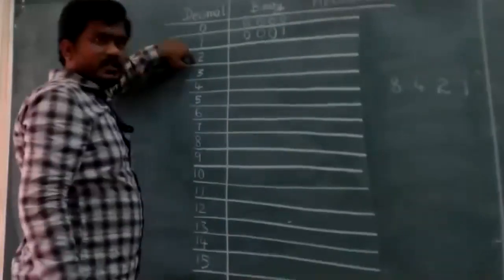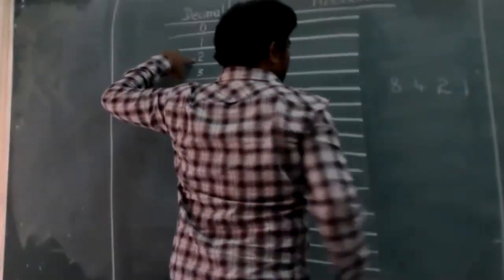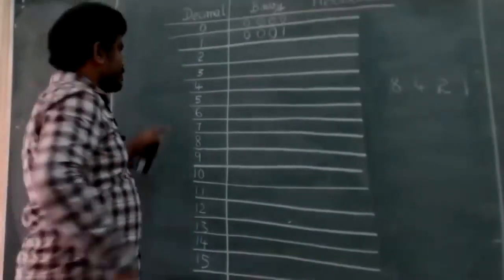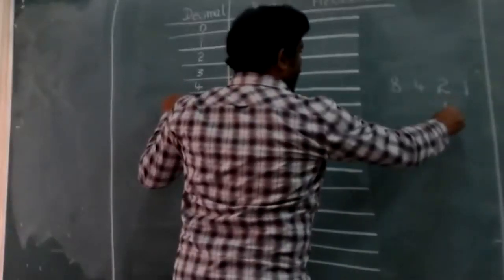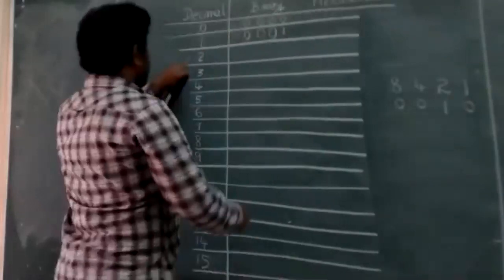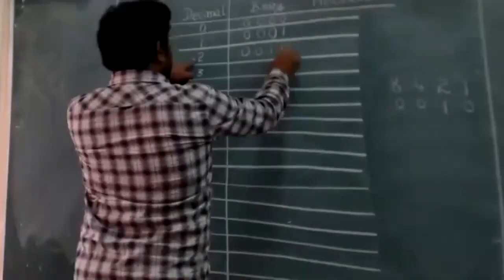Then how do you represent 2? 2 can be represented by making this place logic high and the rest all equal to 0. So 2 is represented like this: 0, 0, 1, 0.